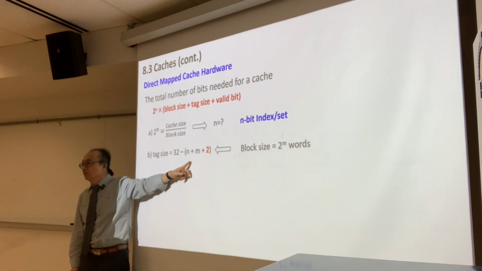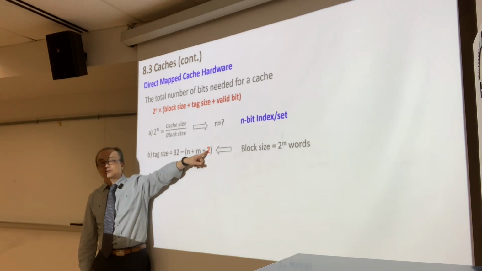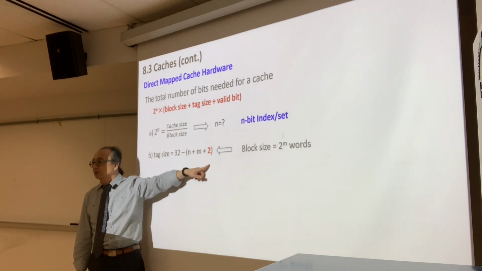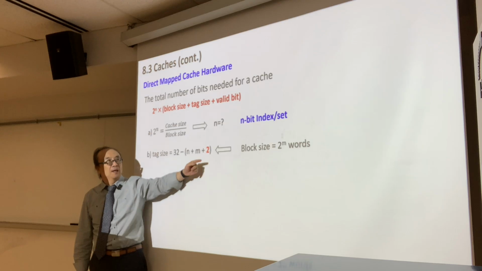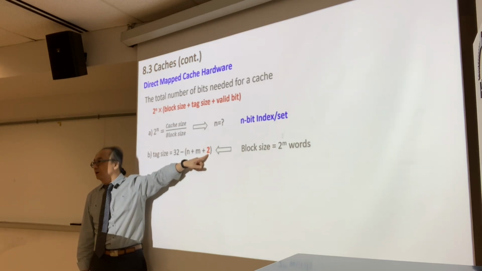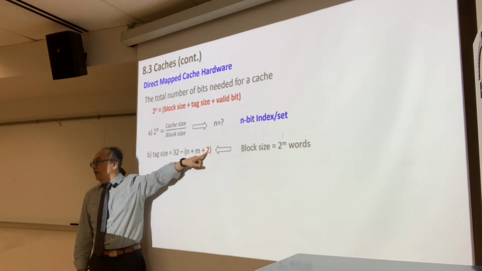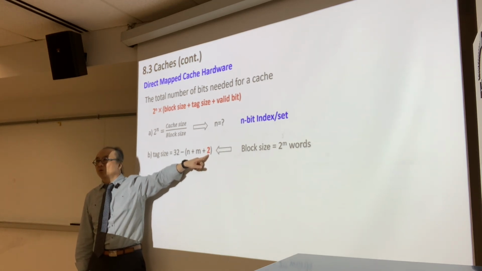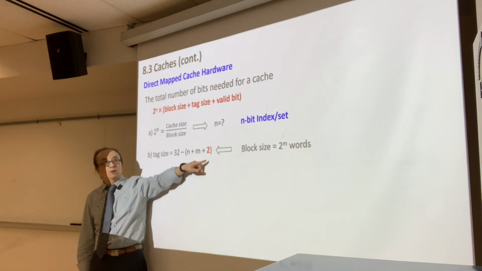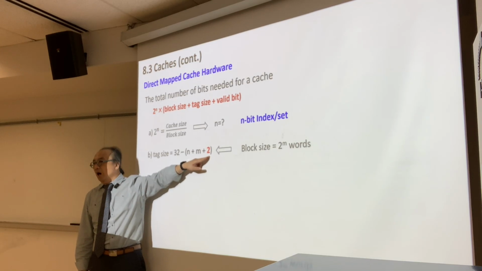Make sense? Take a note on that. m plus 2 is the actual number of bits for the offset. And this 2 is always true because in our architecture, one word has 4 bytes. Therefore, we need to have, by default, 2 bits for the offset.